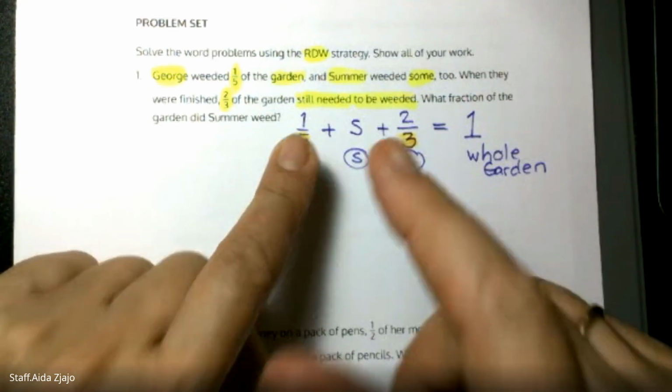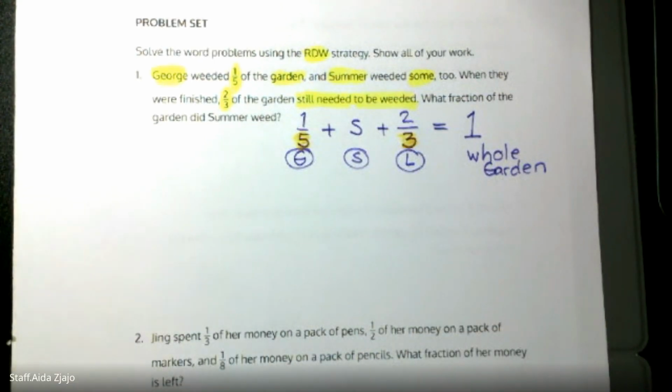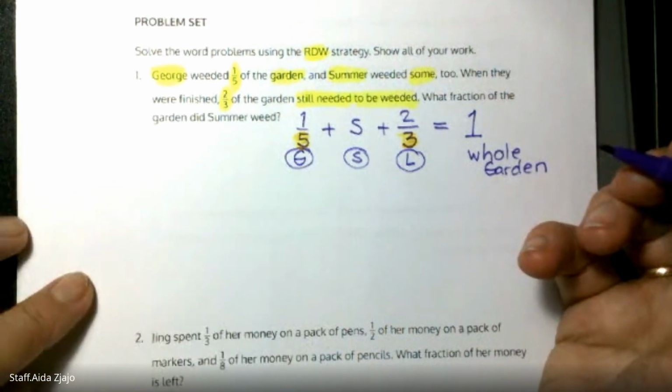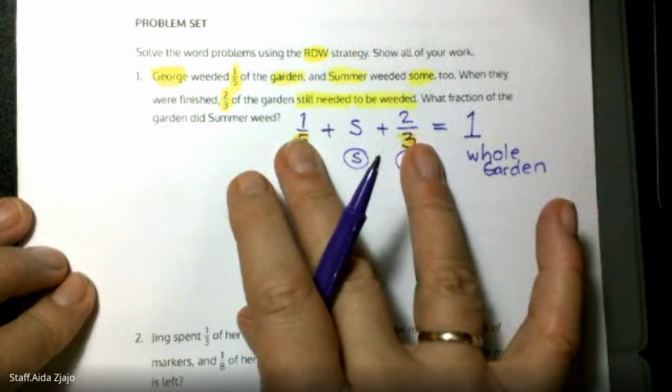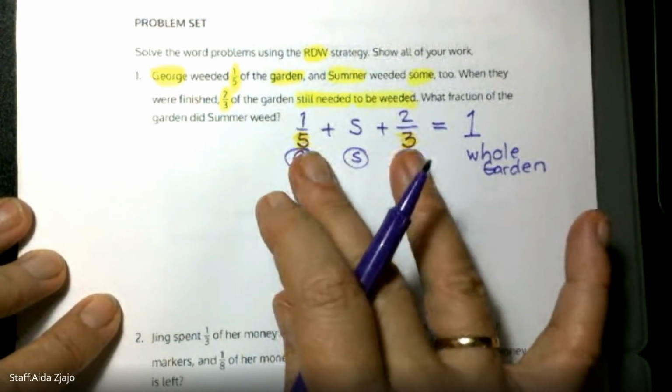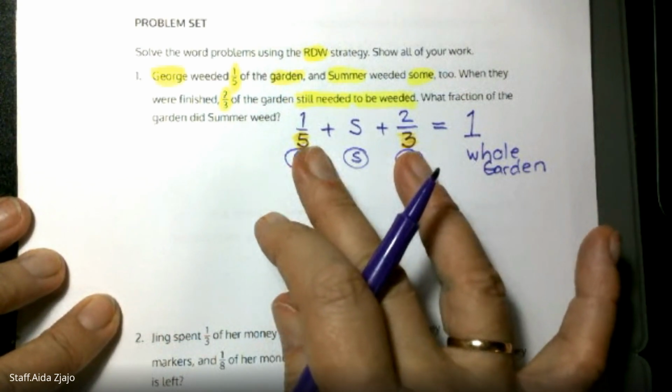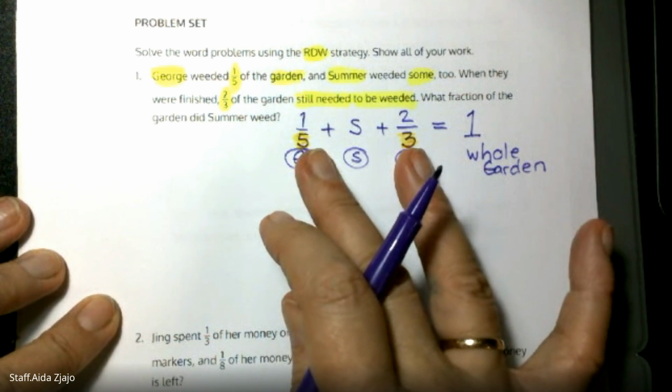The first thing to show is what the fifth can be changed to and what the third can be changed to, so we can see the whole garden in equivalent pieces, fractions with the same size. So when we think about the least common denominator for 5 and 3, they're both prime numbers, so definitely we can say 5 times 3, or 3 times 5, will make 15.